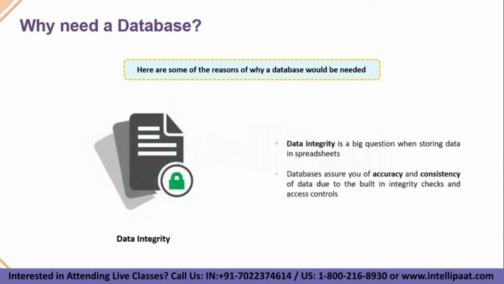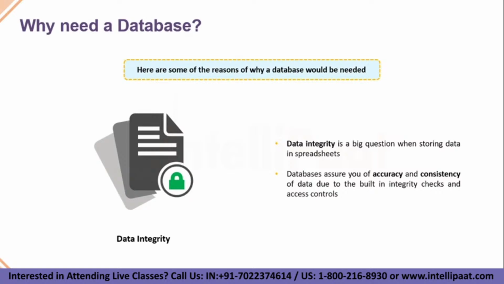And then there's data integrity. Data integrity is also one of the most important aspects when you're storing data, at least for a large corporation. You do not want your data to have compromised integrity. Now, when you're talking about data integrity, what we mean is we want our data to follow certain rules. For instance, if we are storing some data about a customer's age, we want it to be above 18 years of age.